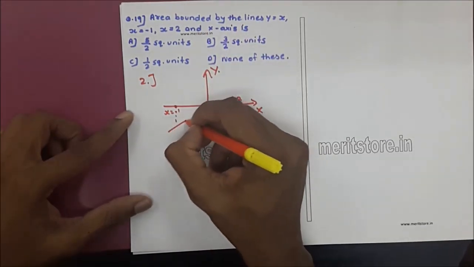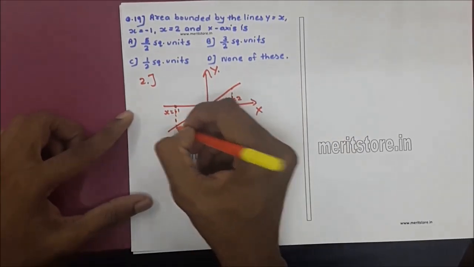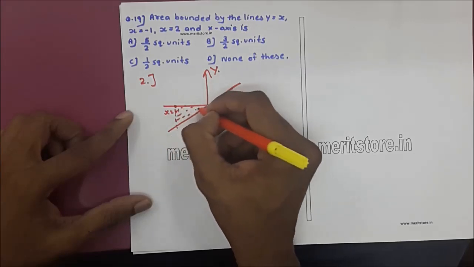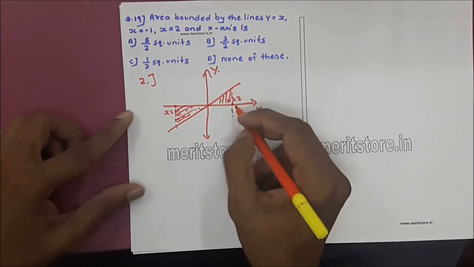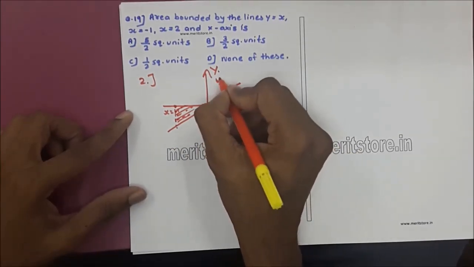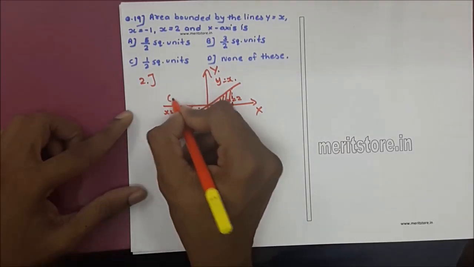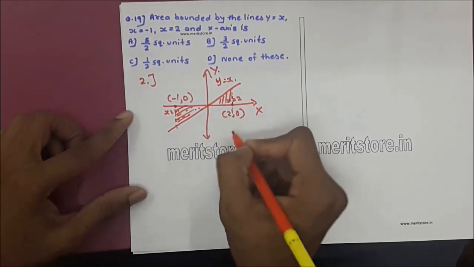If we make a line which passes these 2 points, we get the area which is bounded inside the points, that will be x is equal to minus 1 and x is equal to 2, where y is equal to x over here, and even points 1 comma 0, 2 comma 0.